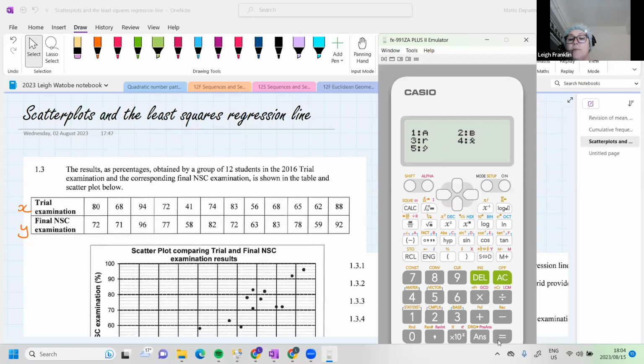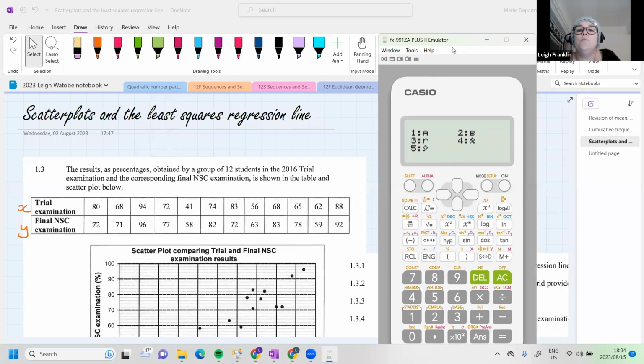So I'm going to press 5 and I'm going to press equals. Okay, so it's a good idea at this point to write down the value of A and B and R, the correlation coefficient, because you don't want to have to go and re-enter the data all over again to work out what R is.